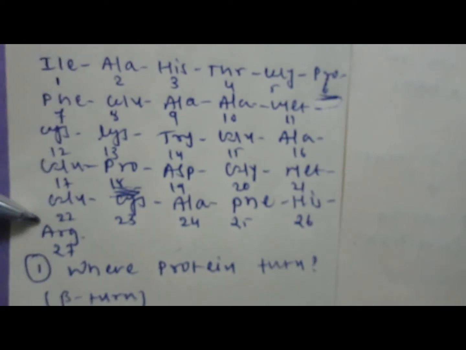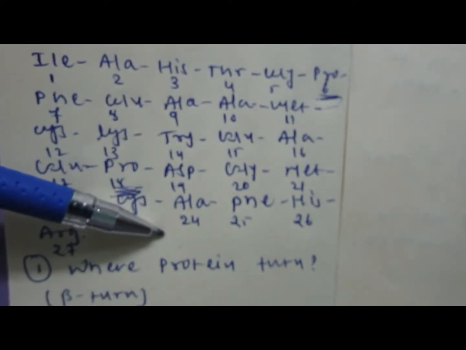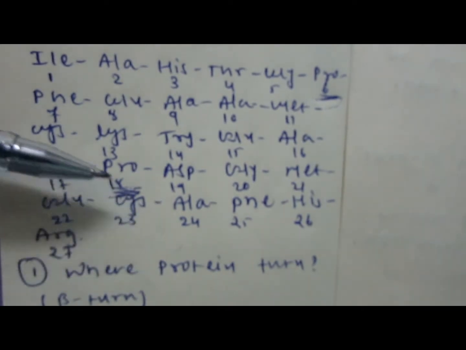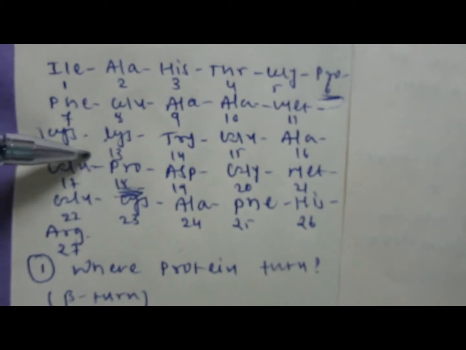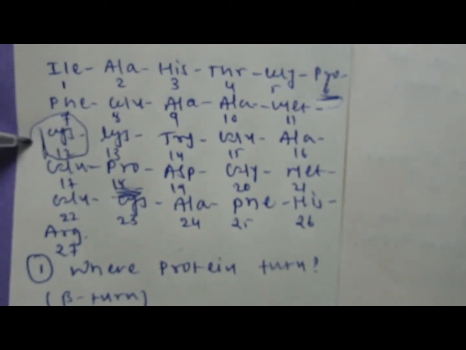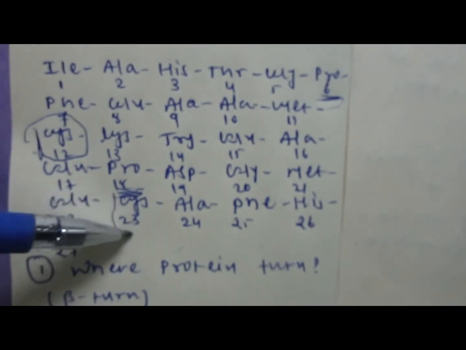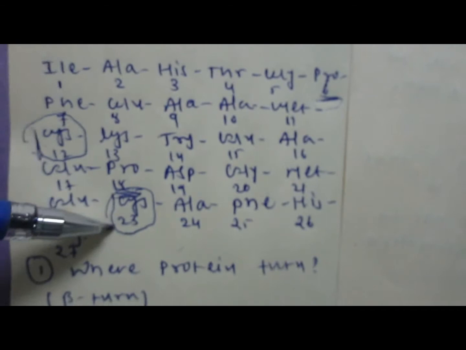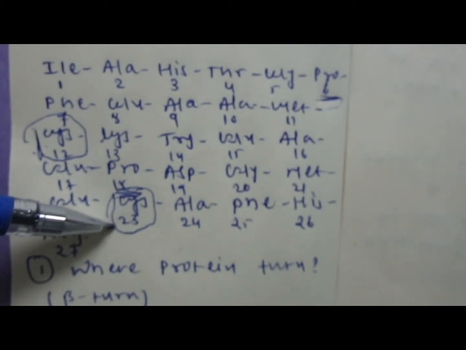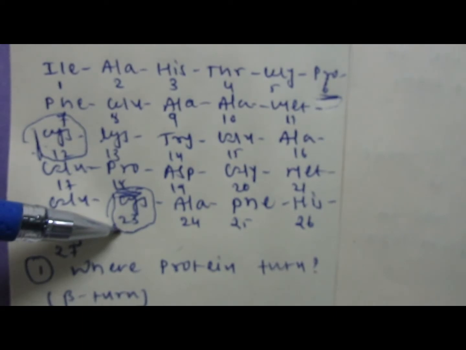In this sequence cysteine is present, whereas methionine is not. Cysteine is present at the 12th residue, and also at the 23rd residue. So there are chances that a disulfide bond linkage will be formed between the 12th and 23rd residues.